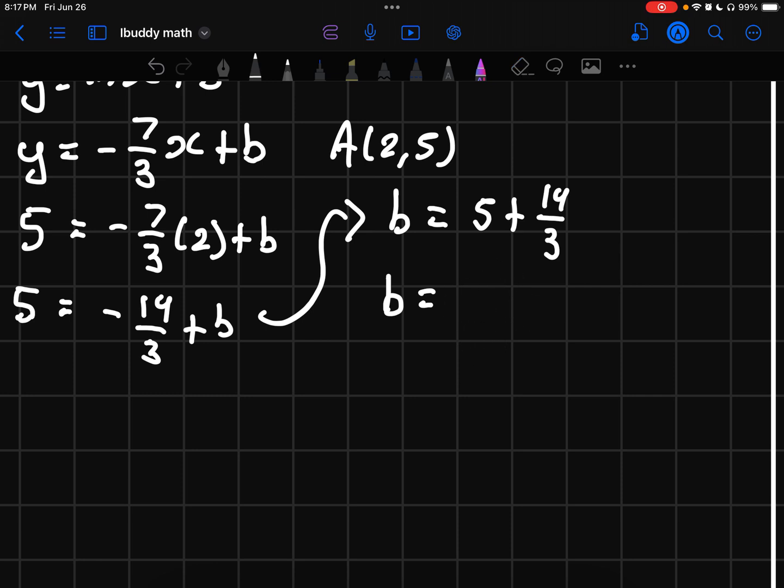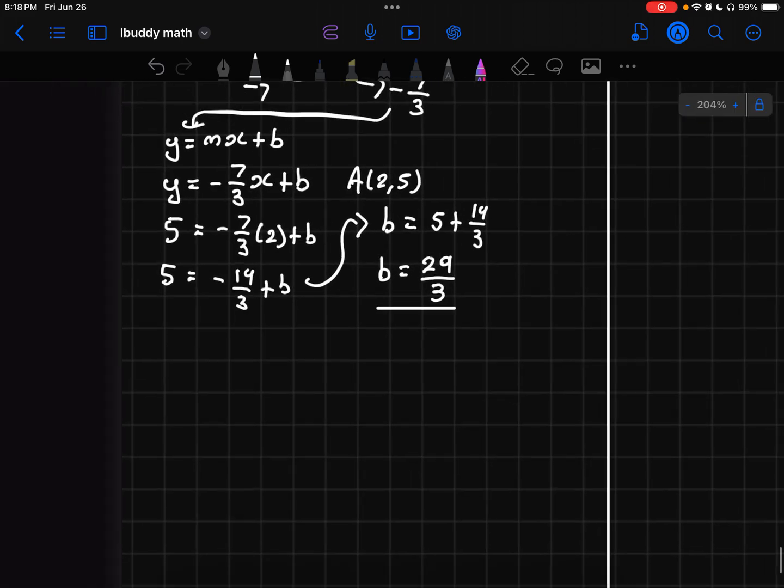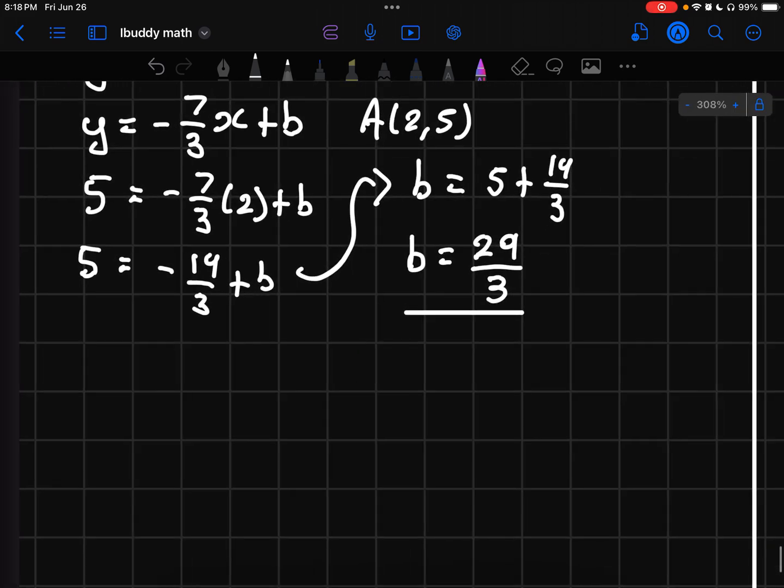That leaves us equal to 29 over 3. Okay, so now you substitute that back into y is equal to mx plus b. So then our equation would be y is equal to negative 7 over 3x plus 29 over 3.